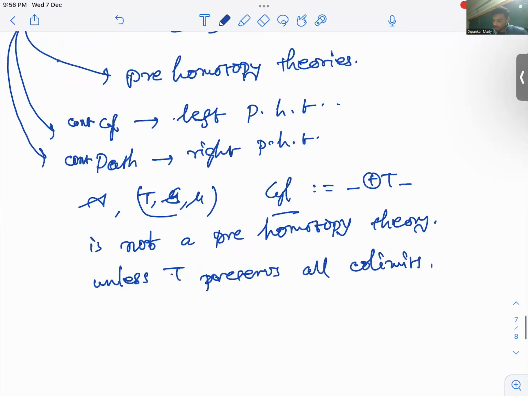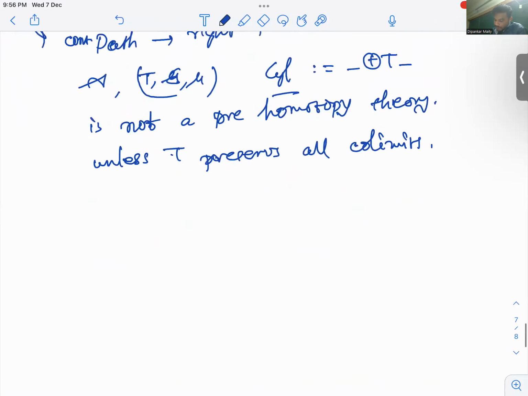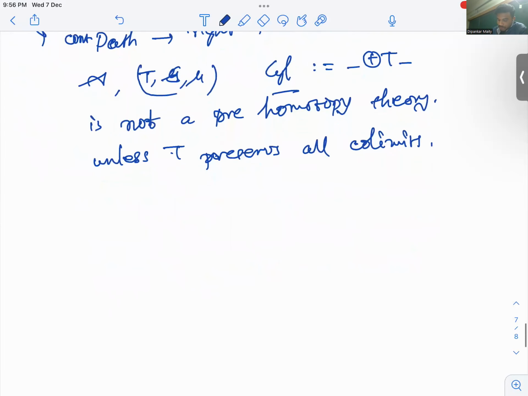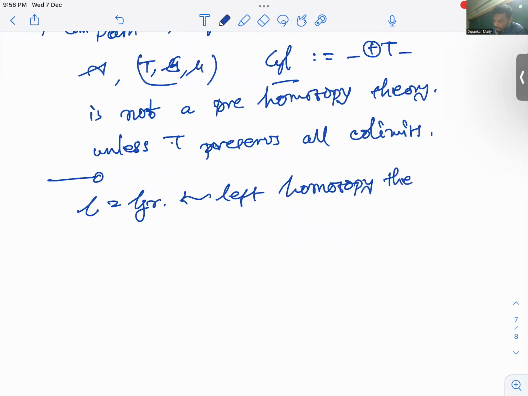So I'll end this session with a proposed example of a left homotopy theory, which is not a right homotopy theory, but has a new insight. So consider the category C, the category of groups. My claim is that there is a left pre-homotopy theory on the category of groups, meaning that there is a path structure.